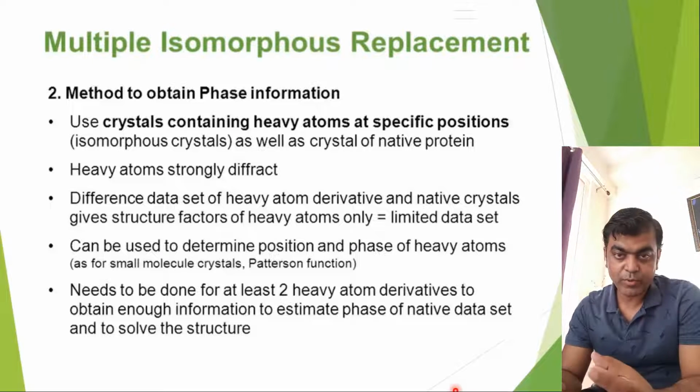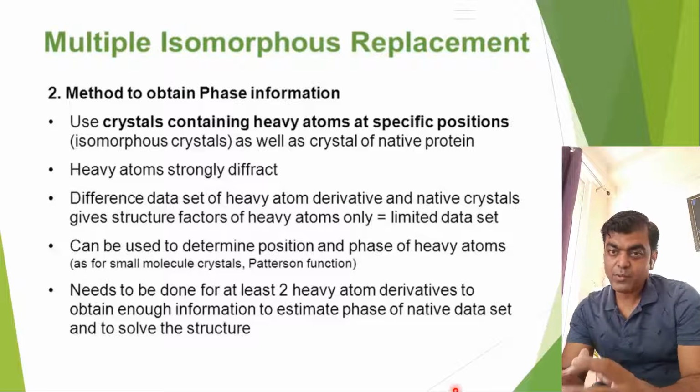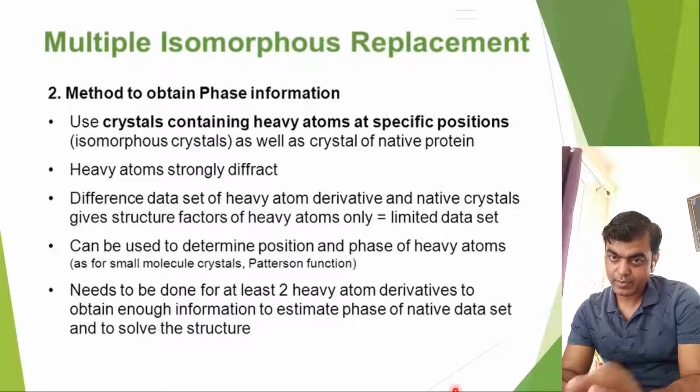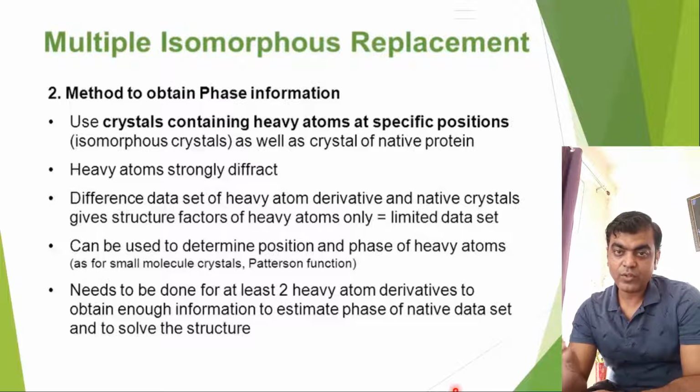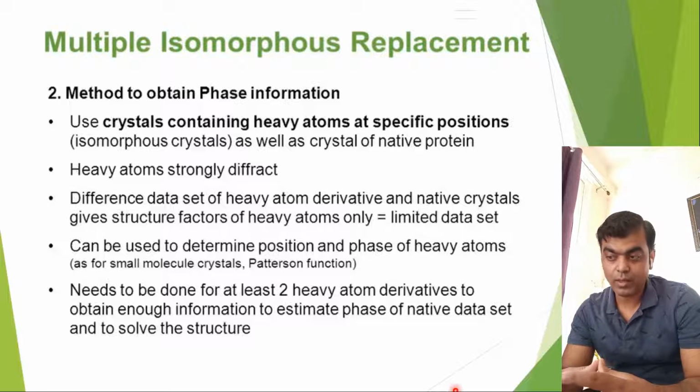So you have positioned heavy atoms at particular, specific positions. Now you have the native protein along with the heavy atoms, and you take the data. You know the positions of your heavy atoms, right? So you subtract the native protein data, and you are left with only the information of the heavy atoms. Now with only the information of the heavy atoms you try to find out the phase information, right?